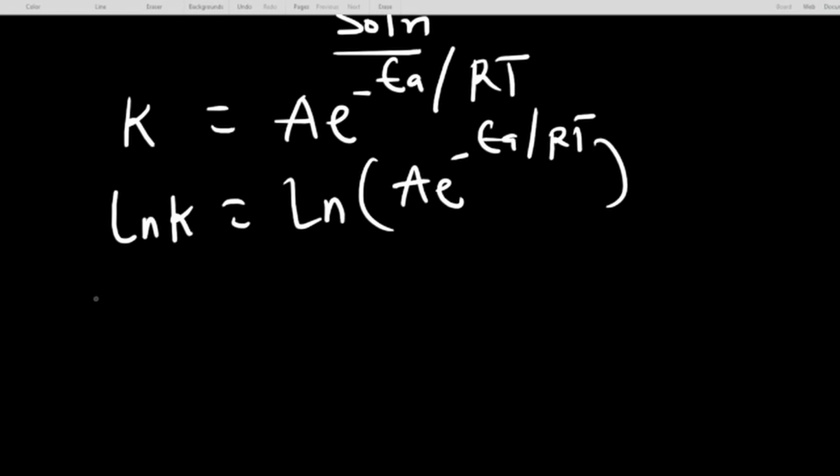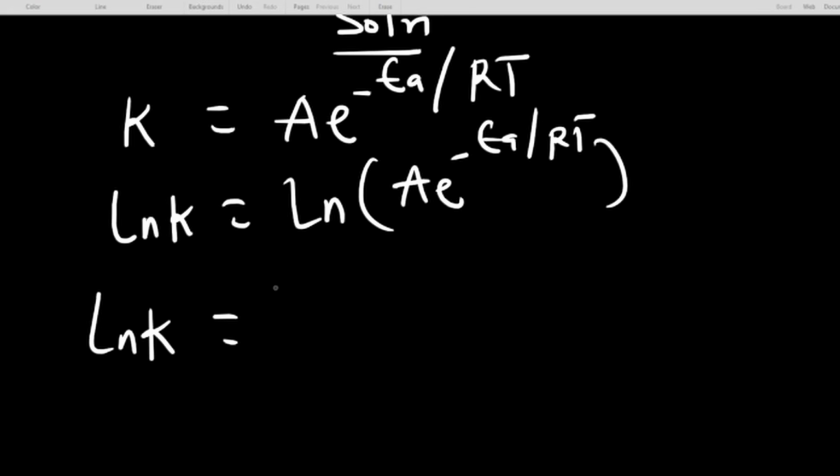Okay, next, what do we do here? We copy down the left-hand side. We have the natural logarithm of k equals. Now you can see right here that there are two terms that are multiplying. We've got A and e that are multiplying. And according to the laws of logarithms, if two terms are multiplying inside a log, you can simply separate them and add their logs.